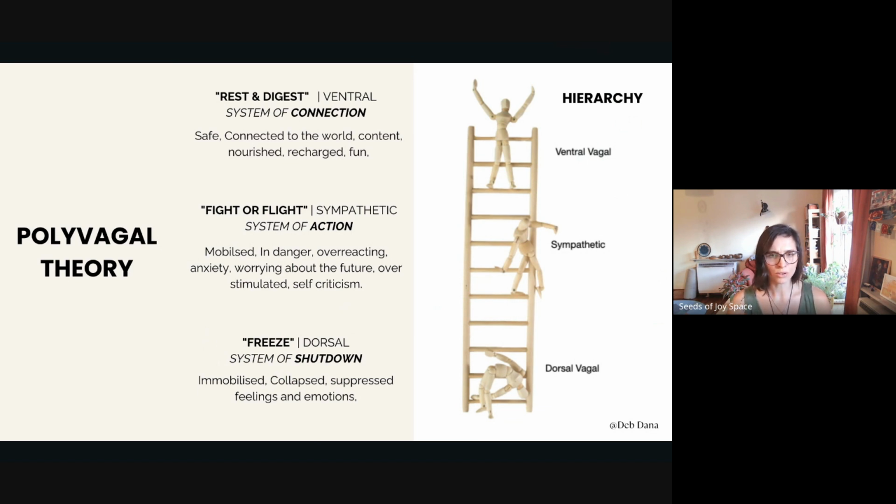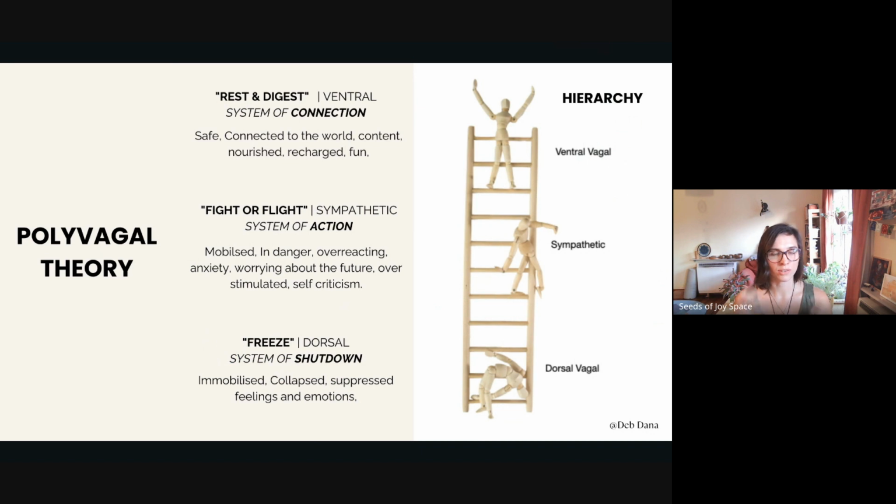And then also on the physical level, what happens when we're in fight or flight, it increases our heart rate, the adrenaline is released, and also what decreases, on the other hand, is digestion, rational thinking.